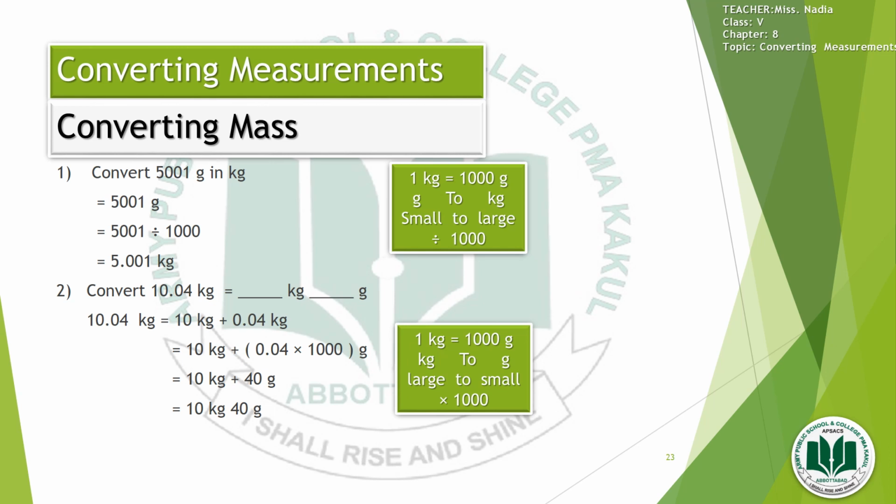Now don't change the whole part, it remains as it is. Change 0.04 kilogram into gram by multiplying by 1000, because kilogram to gram is large to small, so it is 40. After moving the decimal point 3 places to the right, the answer is 10 kilogram and 40 gram.